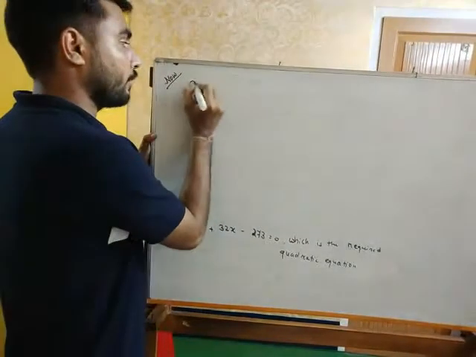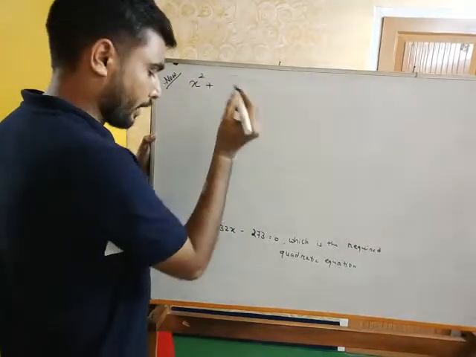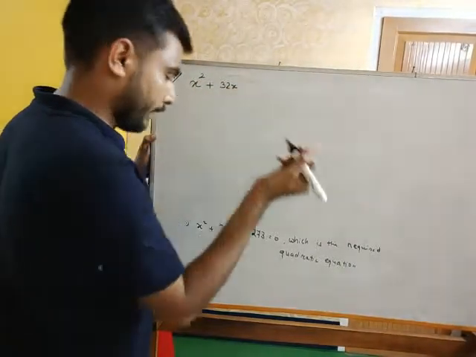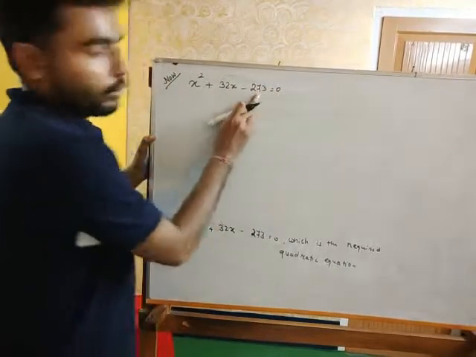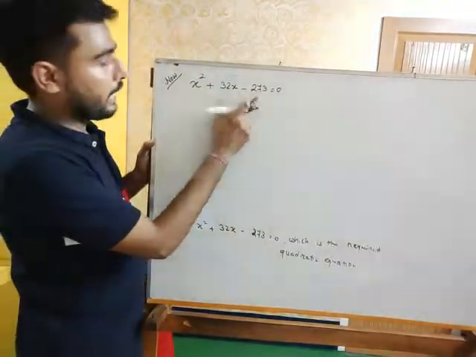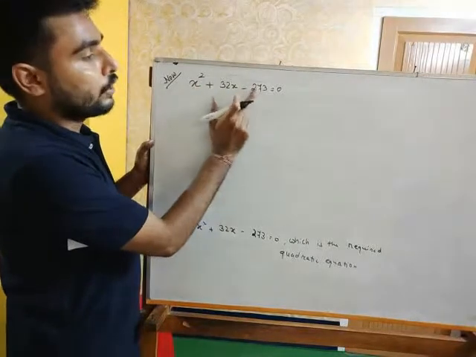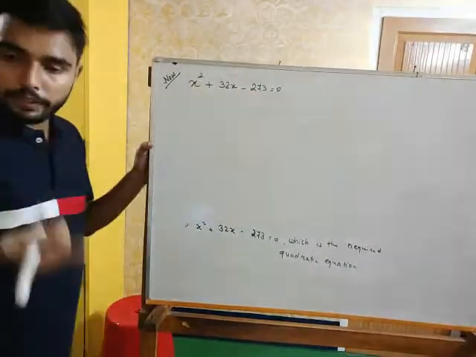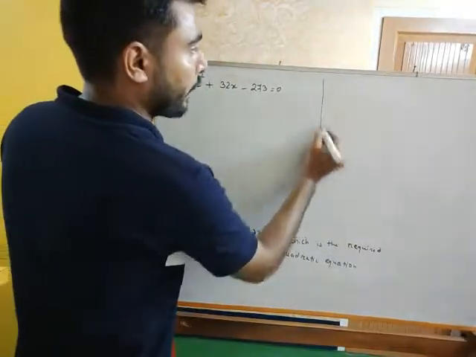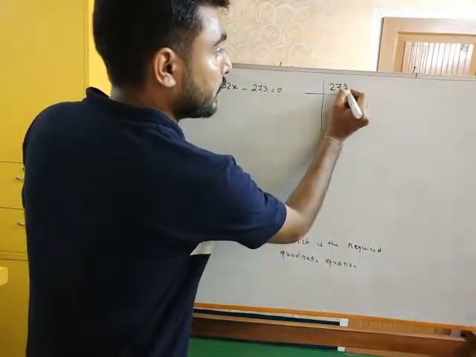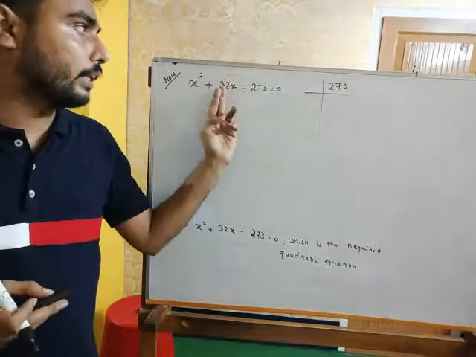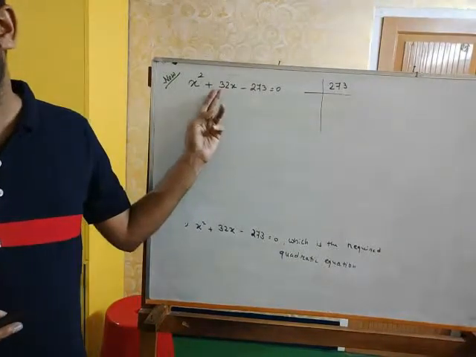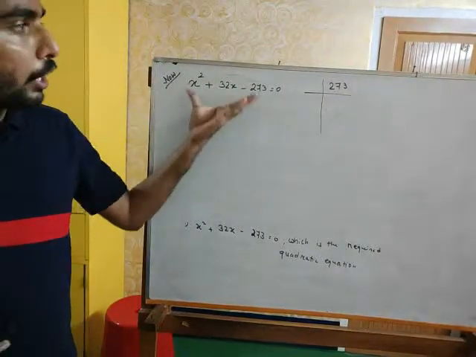So now the required quadratic equation is x square plus 32x minus 273 is equal to 0. Constant term is 273 and coefficient of x square is 1. 273 into 1 is 273 only. We need to find the factors of 273 in such a way that subtracting the factors of 273 we get 32. Are you getting my point? How to do it?